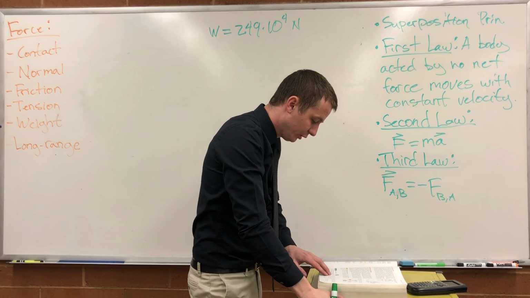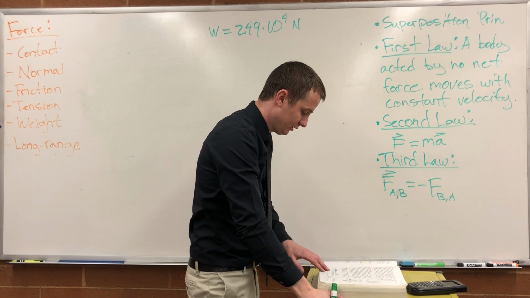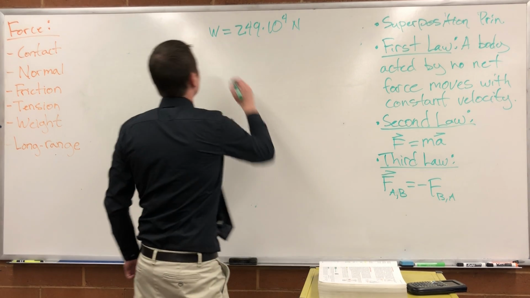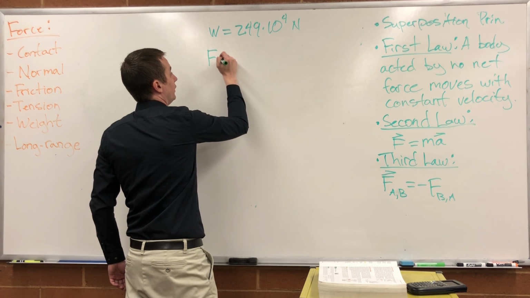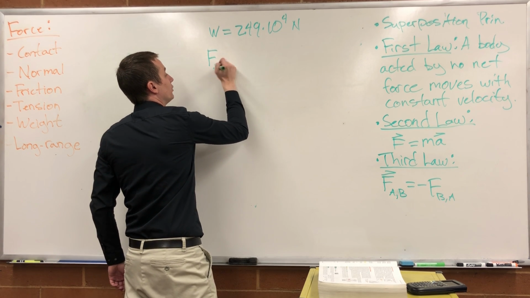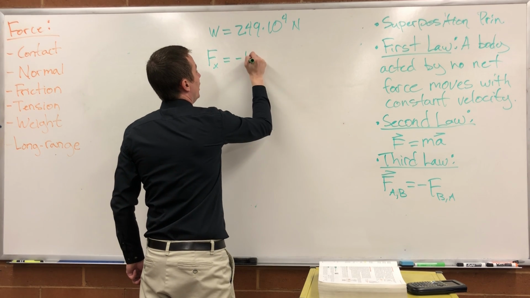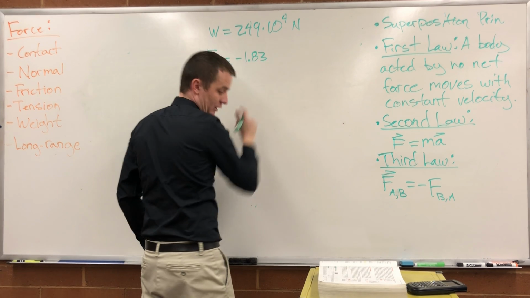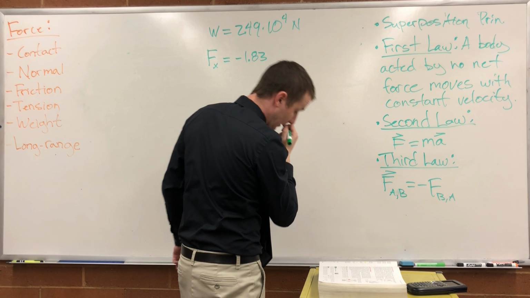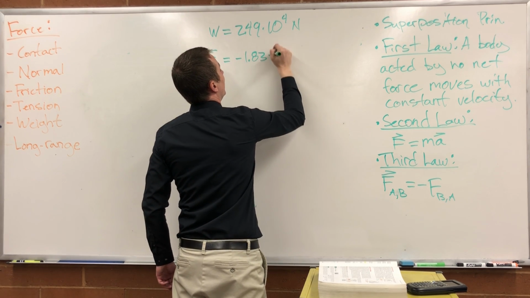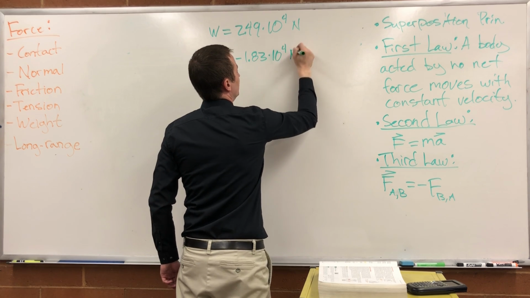The x component of the net force acting on it is, so we use F for our net force. The net force in the x direction is equal to negative 1.83 times 10 to the 4 newtons.